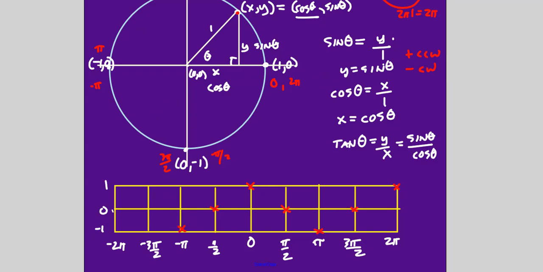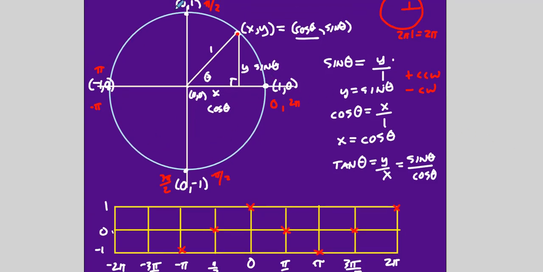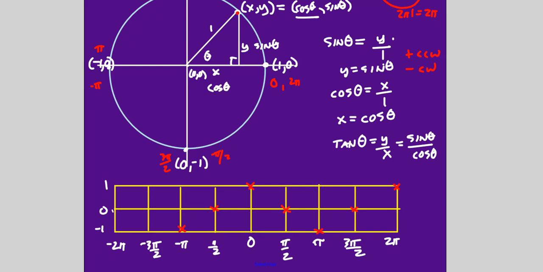Then we come up 3/4 of a turn in the clockwise direction. This is -3 pi over 2, and cosine of -3 pi over 2 is 0. And finally, we're back again where we started. This is -2 pi now, going clockwise, and cosine is 1.